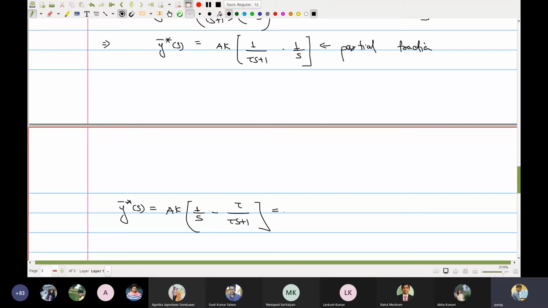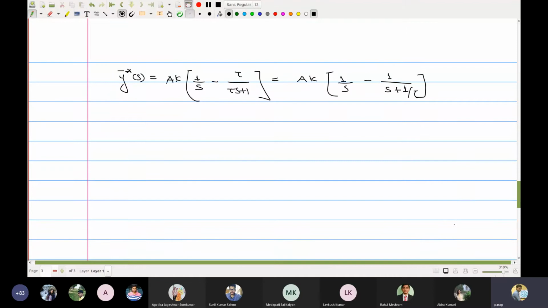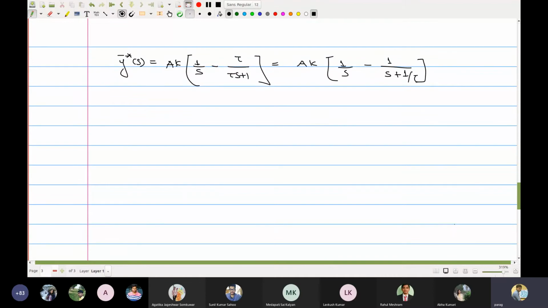And since we know how to do Laplace inversion, I should do one last thing. This is 1 upon s minus 1 upon s plus 1 by tau, because this converts my equation to a standard form. I understand I'm going a little fast here, but the reason is that I assume you know this. My intention is not to derive this, but to analyze the solution.